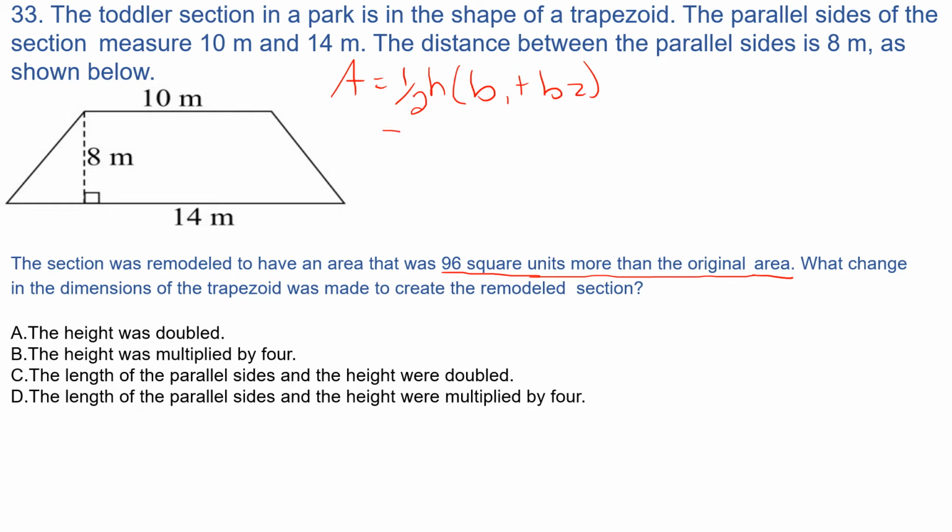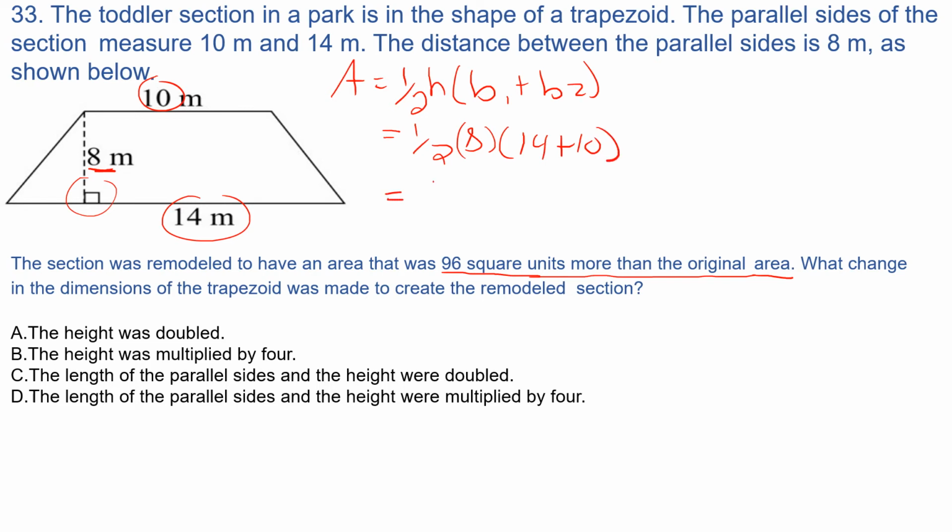It's the same thing. So 1/2, our height, remember, is always perpendicular to the base, so our height is 8. And then base 1 and base 2 are 10 and 14. Multiply that through.